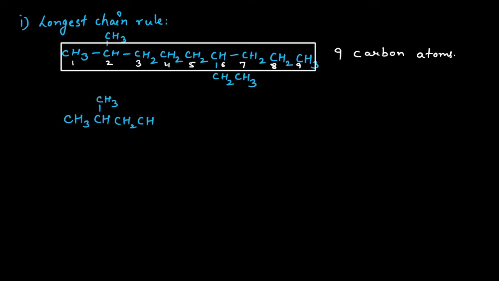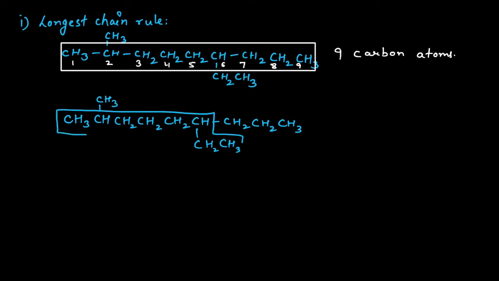Let us suppose a student chooses the marked longest continuous chain of 9 carbon atoms, but suppose there is another class of students who do not choose this type of continuous longest chain. Instead they choose this as the longest continuous chain.